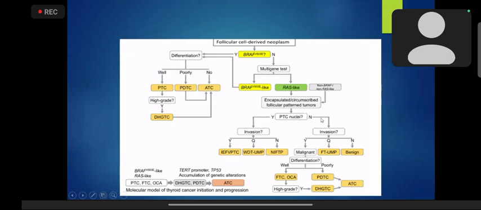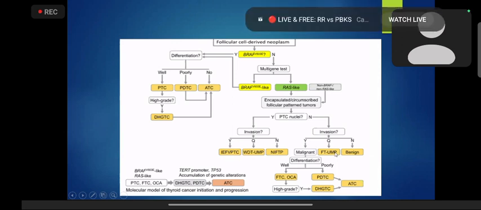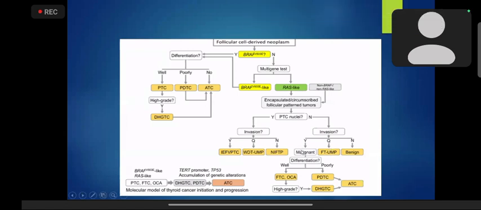If absent, then we have to see invasion. If no invasion, benign. If questionable, then whether malignant potential is present or not. If malignant potential is present, then differentiation. So finally, there are three molecular patterns into which they have divided follicular neoplasm: BRAF-like, RAS-like, and non-BRAF-like, non-RAS-like.